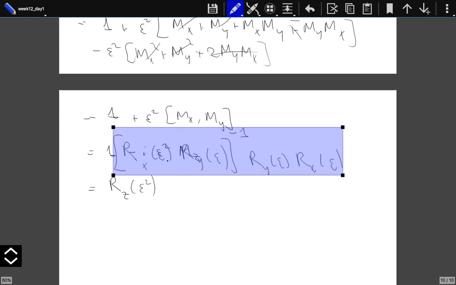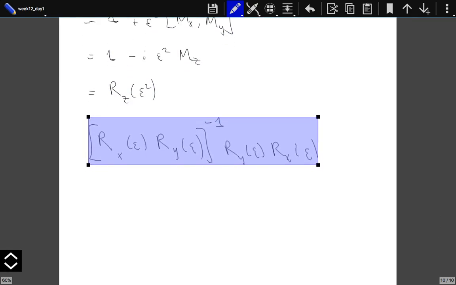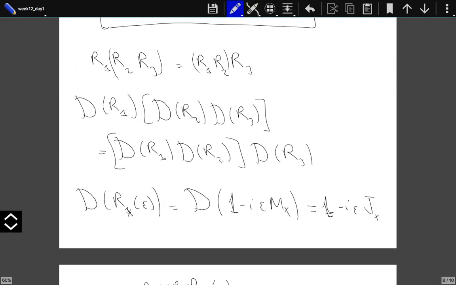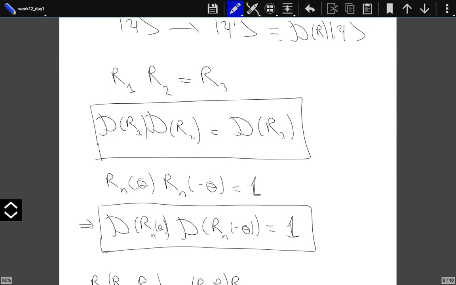Plus 1 over 2 factorial, i over h bar theta squared. This square is this factor over there. And then we have the commutators, and that commutator is minus 1 times i h bar squared jx.